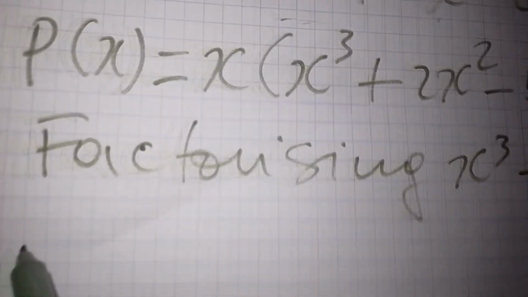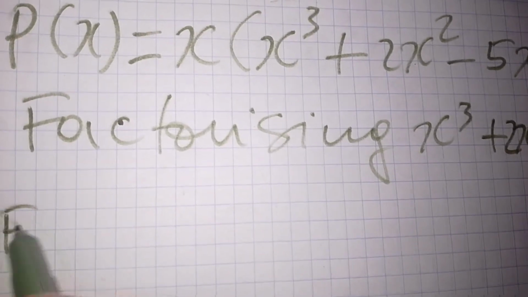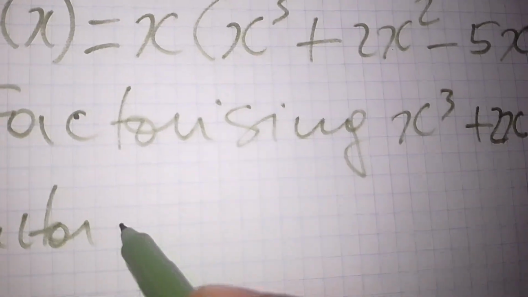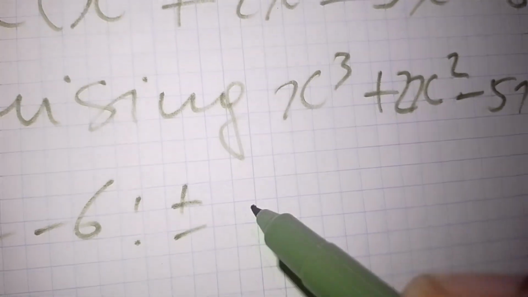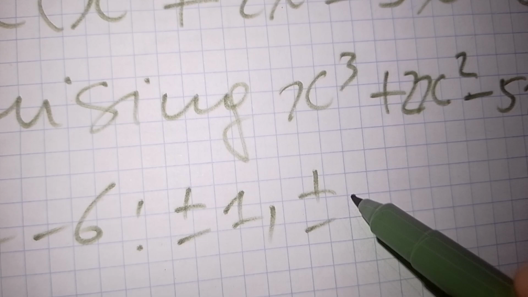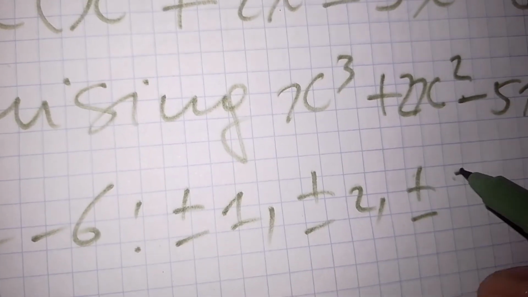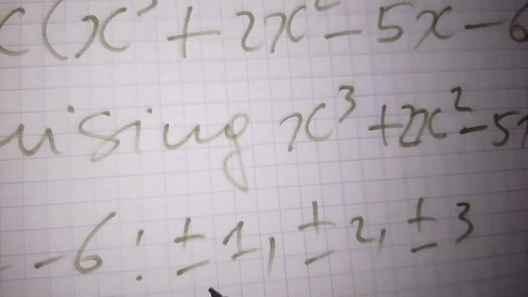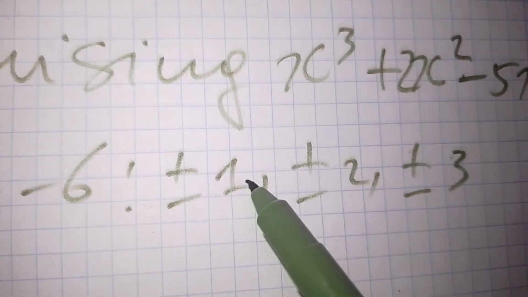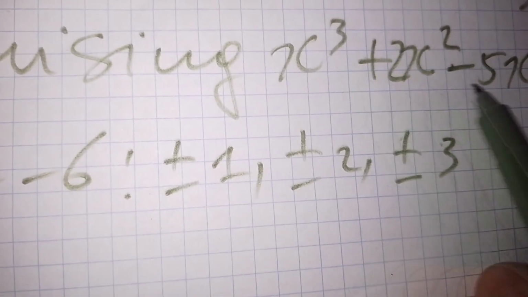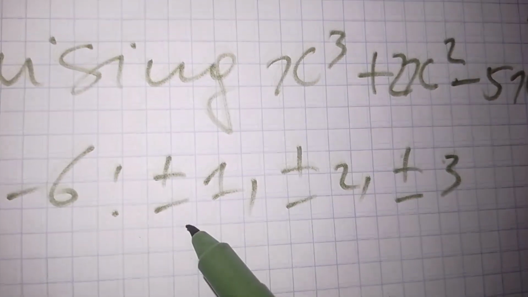The factors of minus 6 are plus or minus 1, plus or minus 2, plus or minus 3. Now we are going to choose one factor to substitute into this polynomial to give 0.